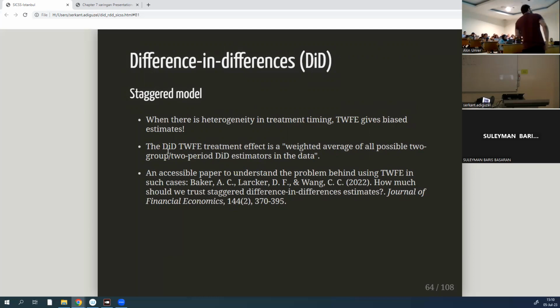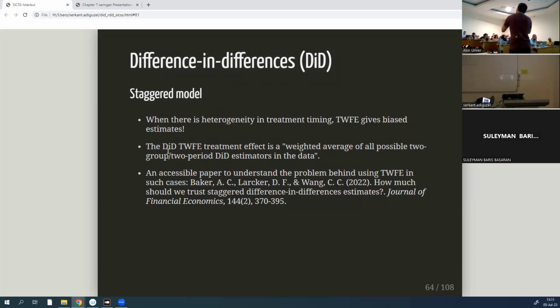So there is one accessible paper, because if you look at the methods paper, well, good luck. The math can be quite heavy. But the moral of the story is that because now we have multiple units and multiple time periods, two-way fixed effects is essentially 2x2s.